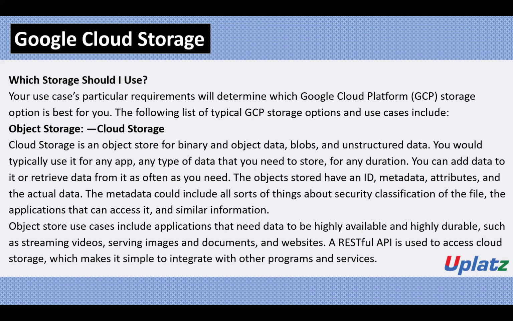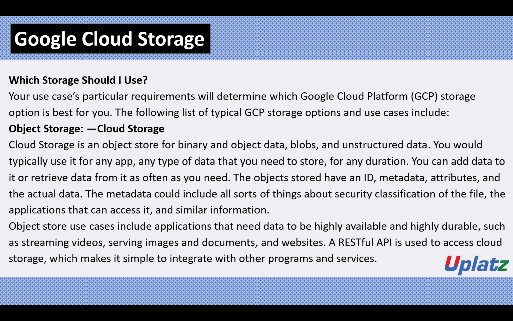The metadata could include all sorts of things about the security classification of the file, the application that can access it, and similar information. Object store use cases include applications that need to be highly available and highly durable, such as streaming videos, serving images and documents, and websites.